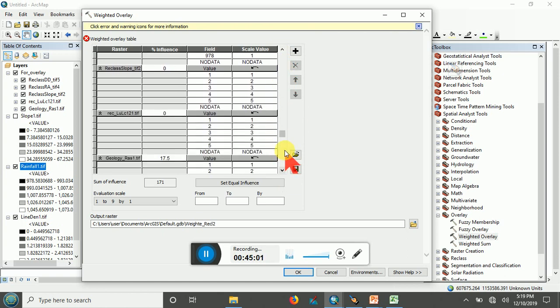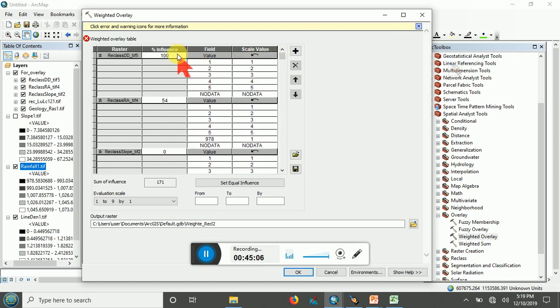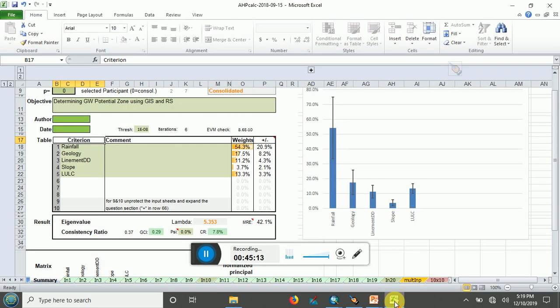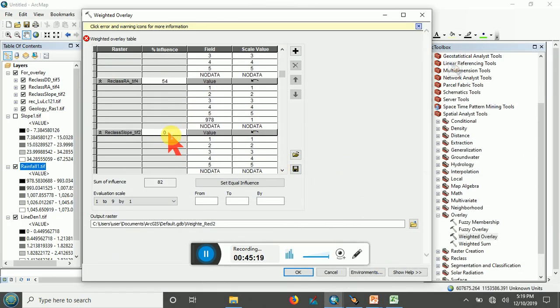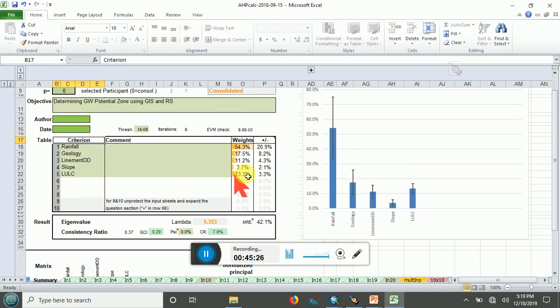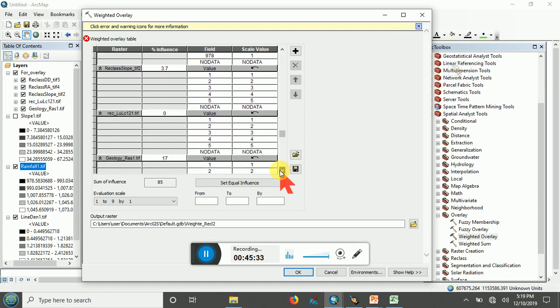For instance, lineament density is 11.2, so go to drainage density, I think, yeah, drainage density is just 11.2. So here you can write 11.2, and slope is 3.7. So go to the slope layer, this is just 3.7, and the last thematic layer will have 13.3% influence, that is the land use, land cover change.